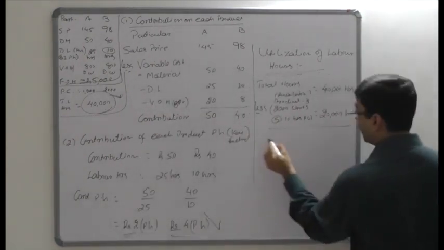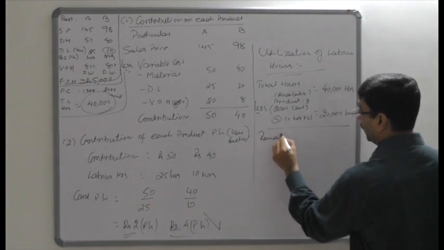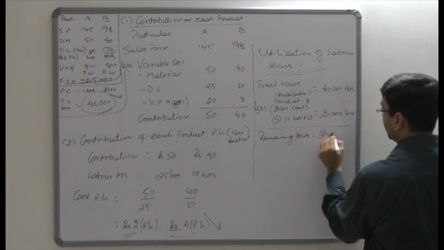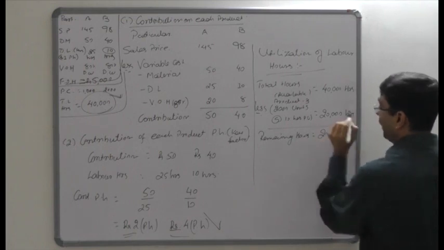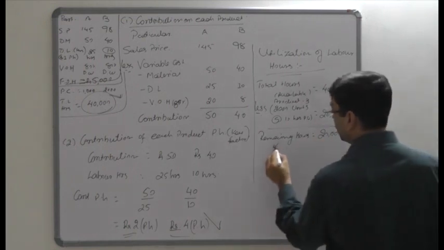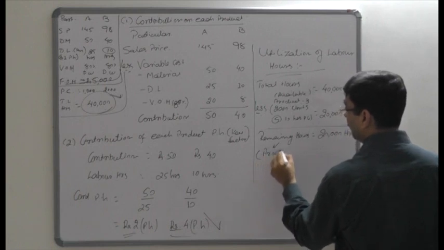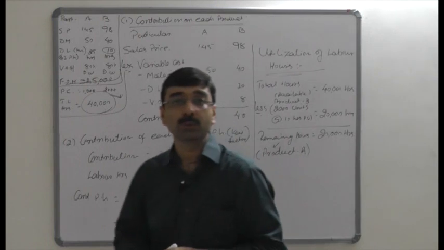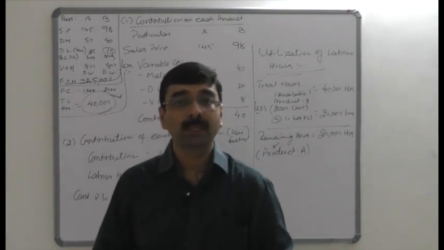The remaining hours are 20,000, and those 20,000 hours will be used for manufacturing product A.